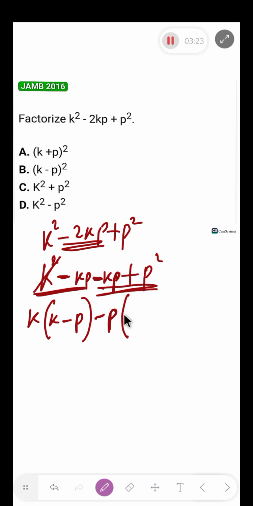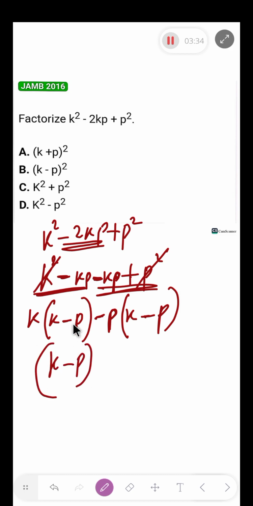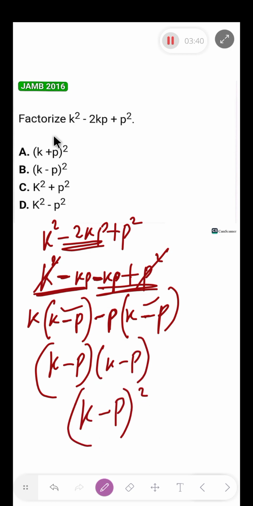Minus cancel minus, I have plus, then I have k left. Plus divided by minus, that's minus. P squared cancel this p, I have p left. So in this case, I have k minus p, and I have to take one of these two brackets. So you all believe that this is my k minus p squared. So option B is correct.